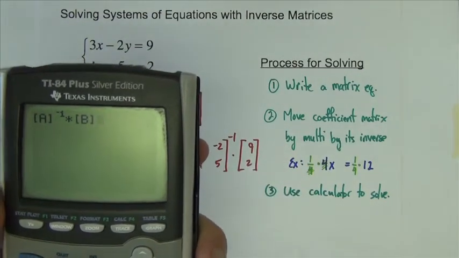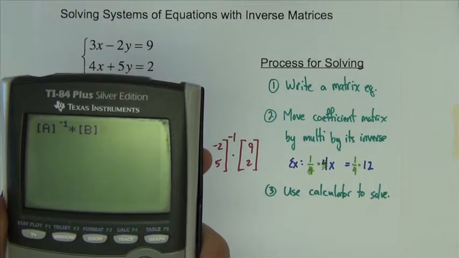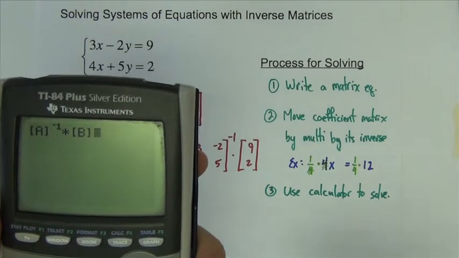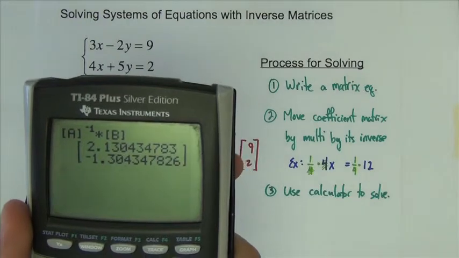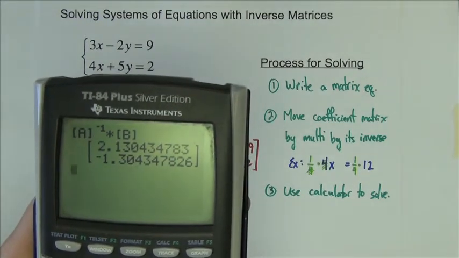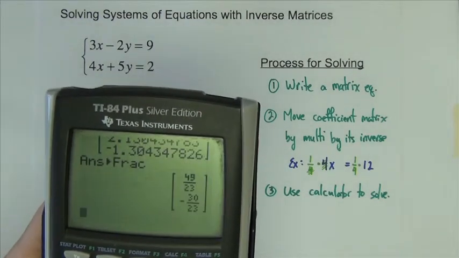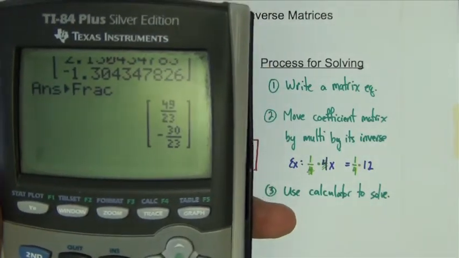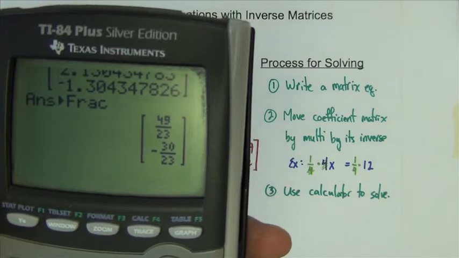I don't actually find the inverse. The calculator is going to find the inverse, and then it's going to multiply that inverse times B. Much faster than I could do it. Let's see if we can change those into fractions. There we go. That's about as awful looking as those answers could be.